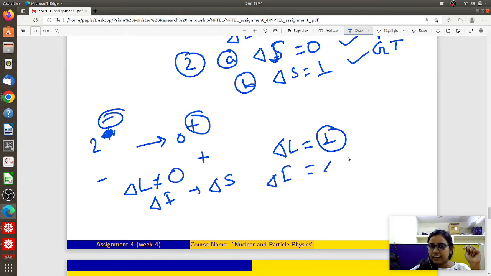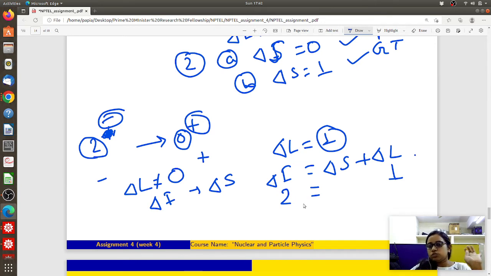We already know that delta I is delta S plus delta L, and its value is 1, as given here. Delta I means 2 is there and 0 is there, so delta I is 2. That means there should be something which can give us delta I equals 2. I already told you that it is a vector sum.